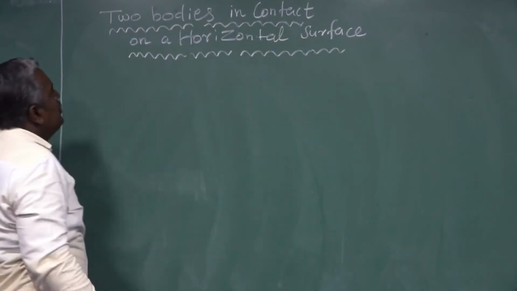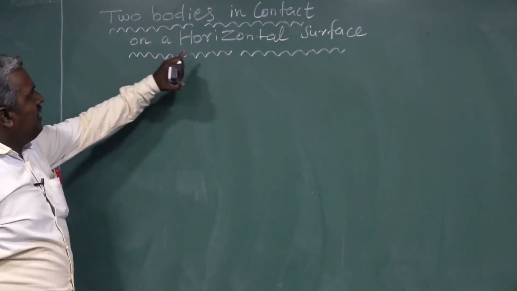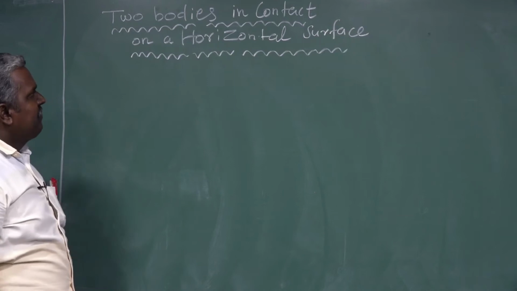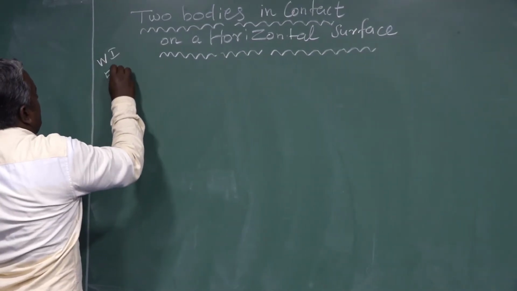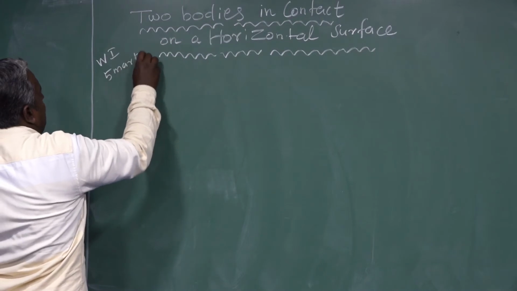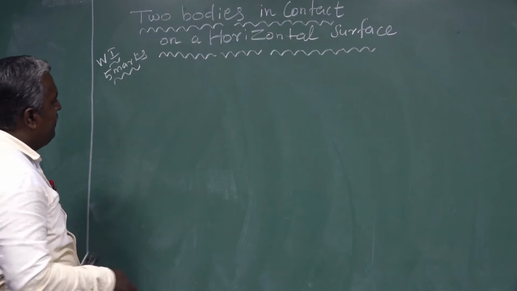Two bodies in contact on a horizontal surface. It is very, very important. 5-mark question. Listen properly.